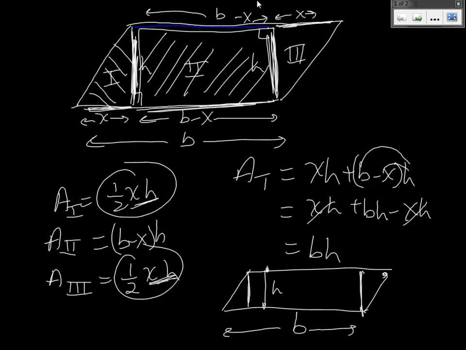If you want to drop an altitude and have it meet up with the base extended, the height is h. Okay, it's b times h.